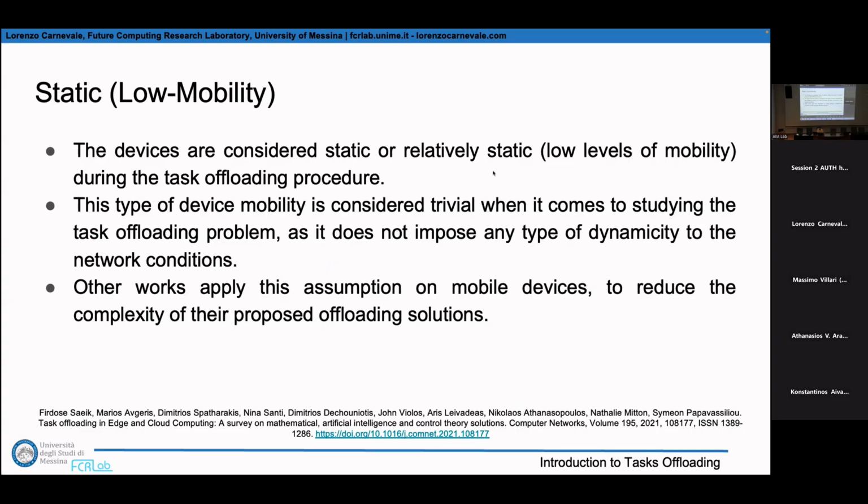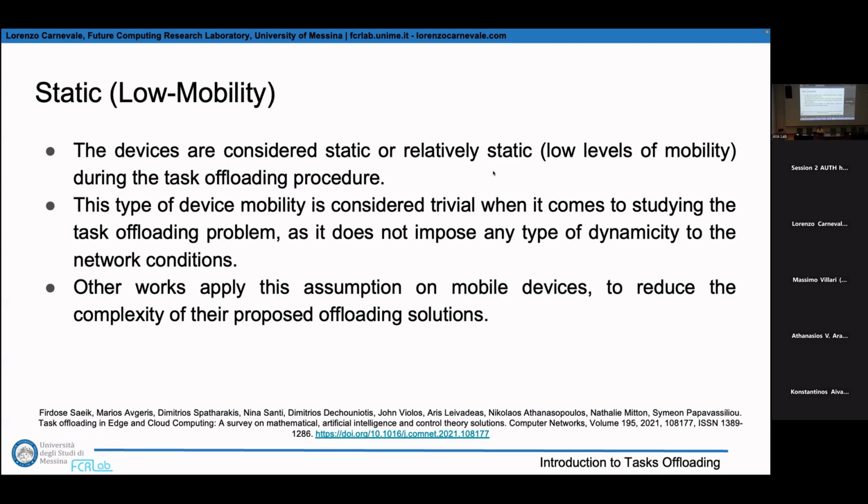When we talk about static devices, or in general devices with very low mobility, when they are stopped they can start the procedure of task offloading.